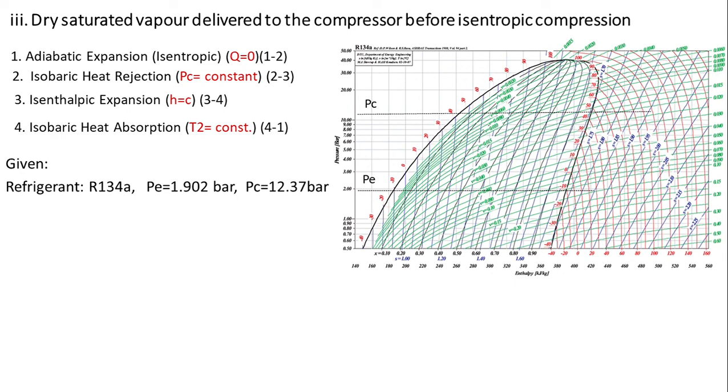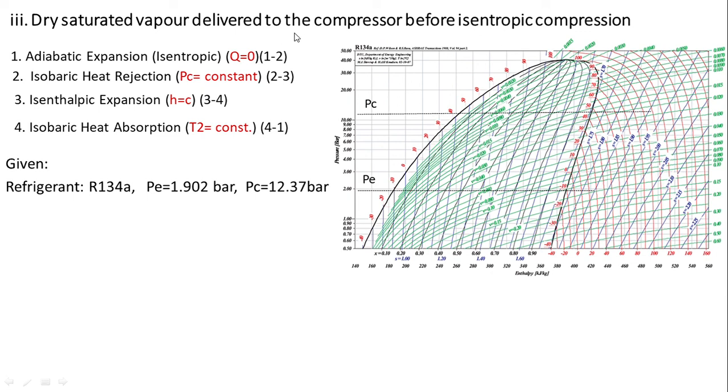Now for marking this, what is the hint given? The hint is that the dry saturated vapor is delivered to the compressor before isentropic compression. What is the meaning of that?